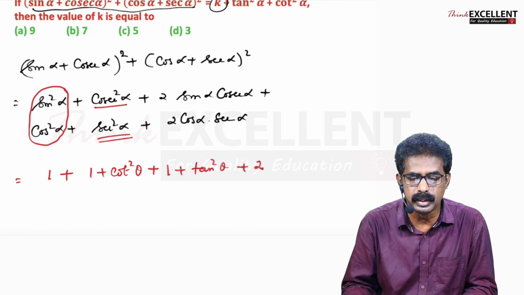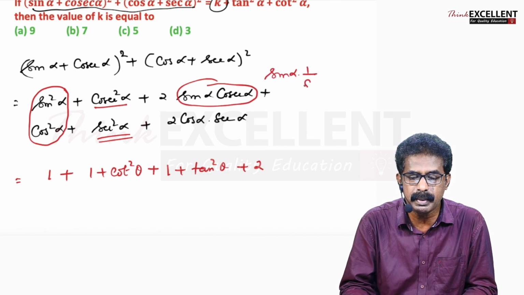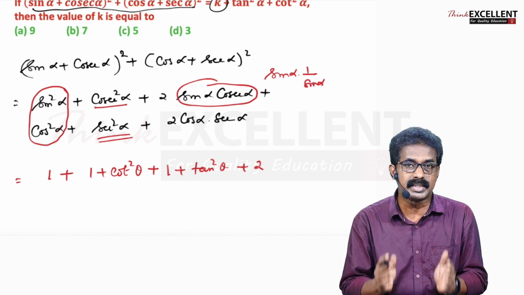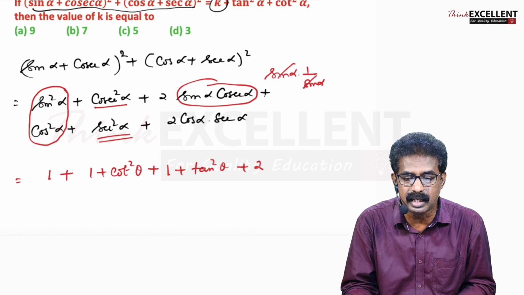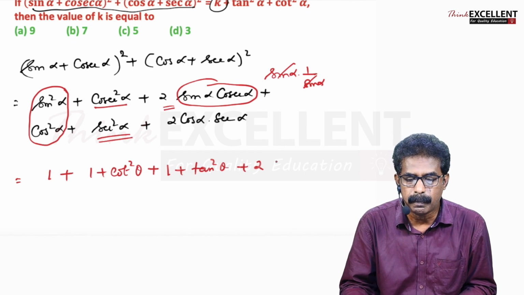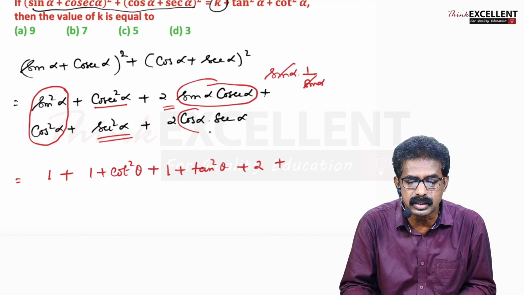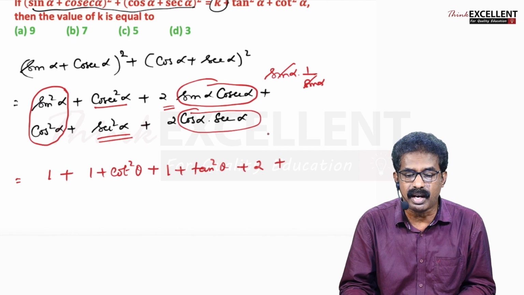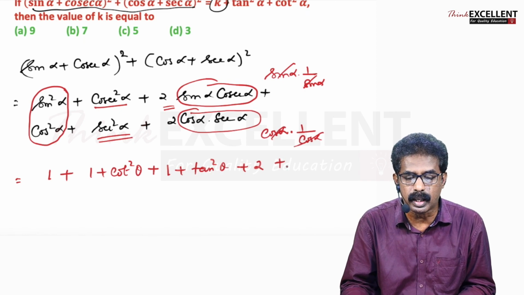Then plus 2 into this part is 1. Why, you know? Sin alpha into cosecant alpha is sin alpha by sin alpha, because cosecant is a reciprocal of sine. So sine and sine cancel. Plus here also this is 1. Cos alpha into secant alpha. Secant is 1 by cos, right? Cancel again, 2 into 1. That is 2.